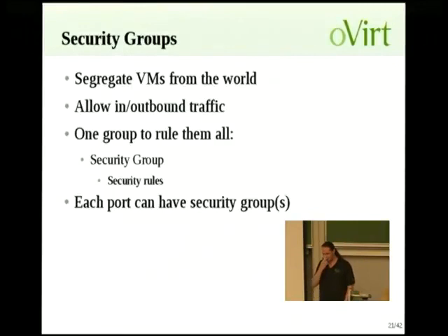In each security group, there are multiple rules. So you can define that you only want people to be able to SSH to the VM, or that you want to block outgoing traffic for a port range, or whatever rules you can think of. And each port can have one or more security groups attached to it.